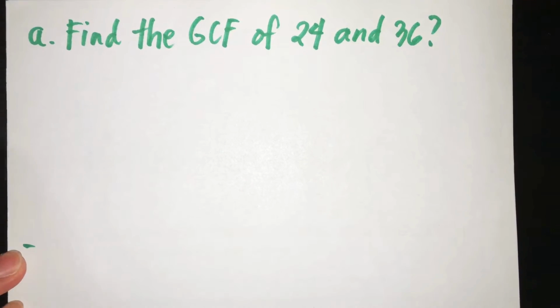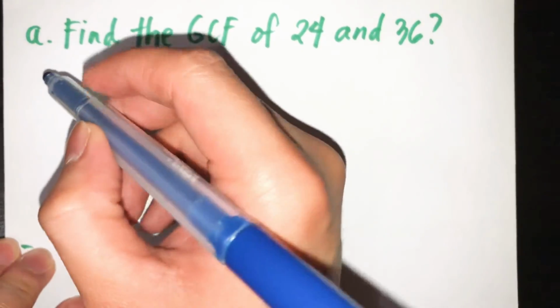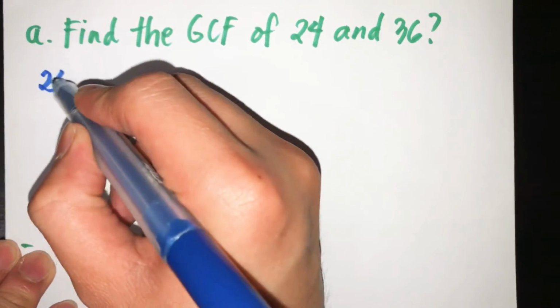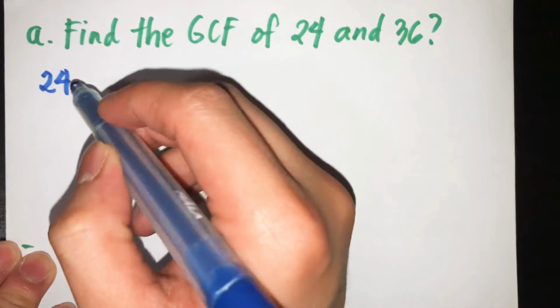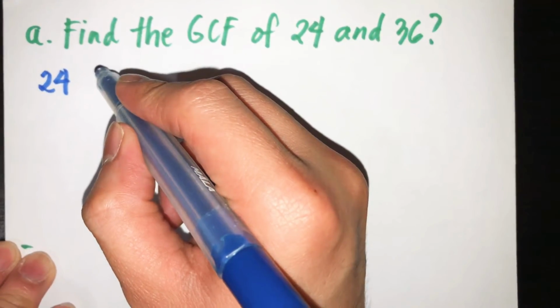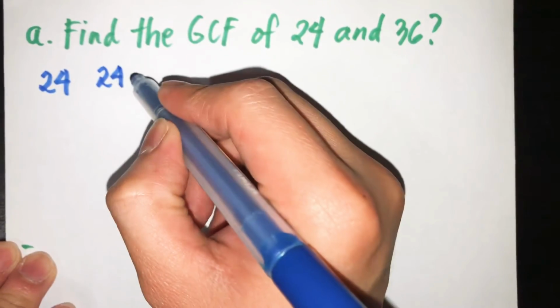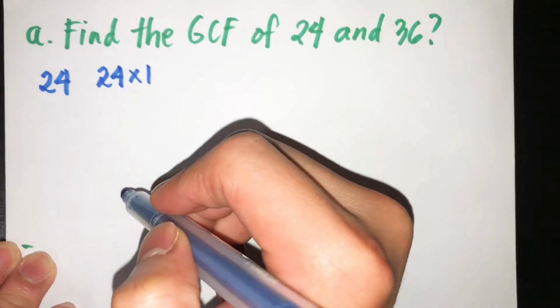Now our first method is by factoring. So we will list out all the factors of 24 and all the factors of 36. Let's start first with 24. The factors of 24: first we can have 24 times 1.